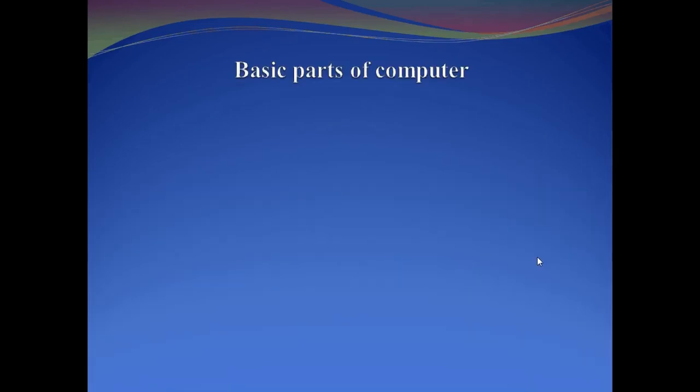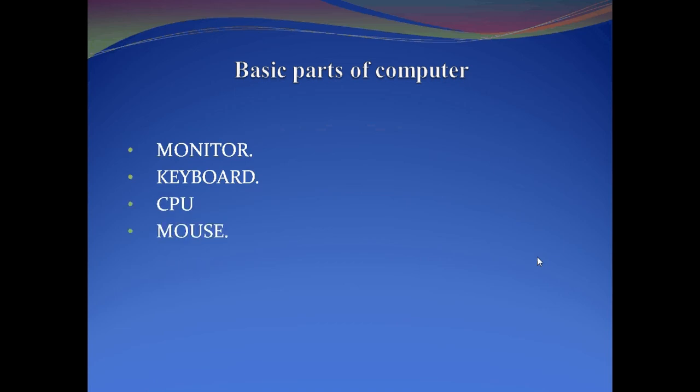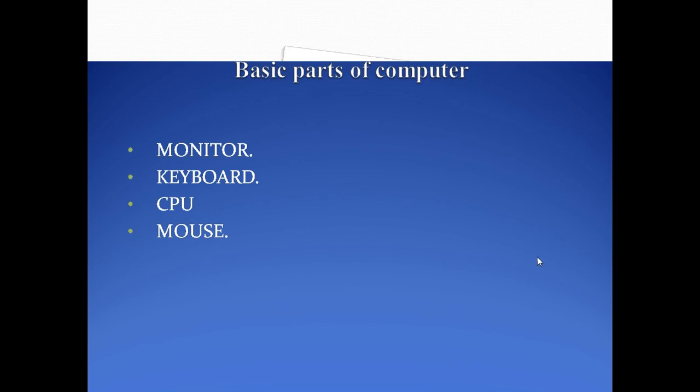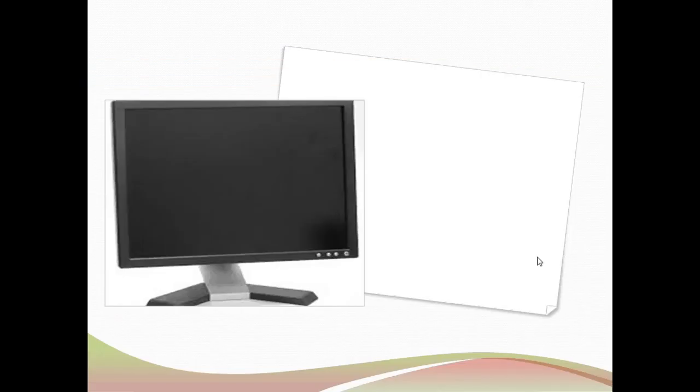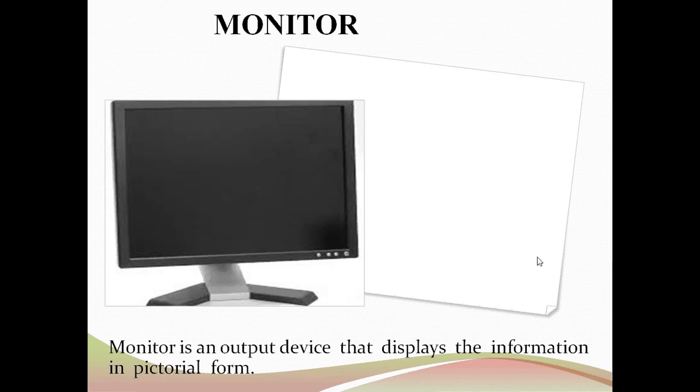Next, let us learn about the basic parts of the computer: monitor, keyboard, CPU, mouse. These are all the parts of the computer. Let us learn in detail one by one. This is the image of the monitor. So what is a monitor? A monitor is an output device that displays the information in a pictorial form.